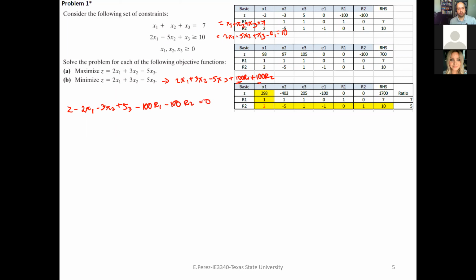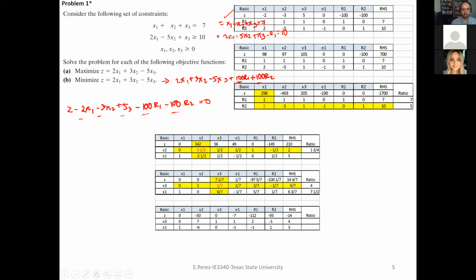We move all the coefficients to the left in order to set up row zero. So the coefficients are -2, -3, +5, -100, and -100, and that's row zero for this table.